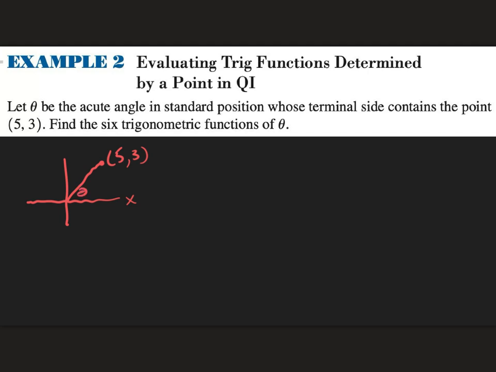So if I make this a right triangle, the y is 3 and the x is 5. So now let's do x squared plus y squared equals r squared, which is the hypotenuse. 25 plus 9 equals r squared.